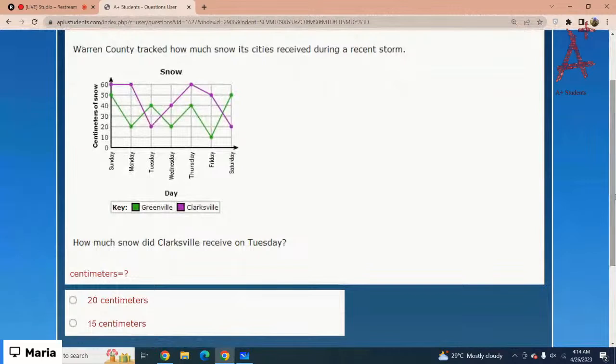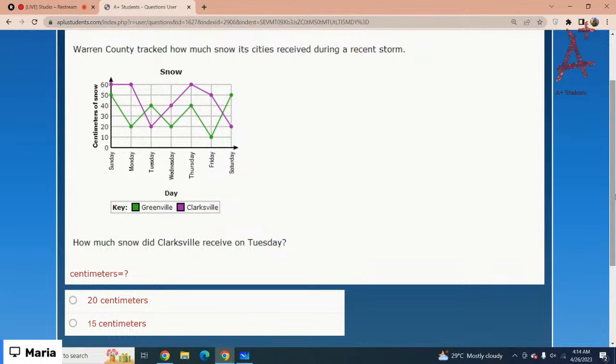Okay, the next one is Warren County tracked how much snow its cities received during a recent storm. So how much snow did Clarksville receive on Tuesday? So you have two lines.